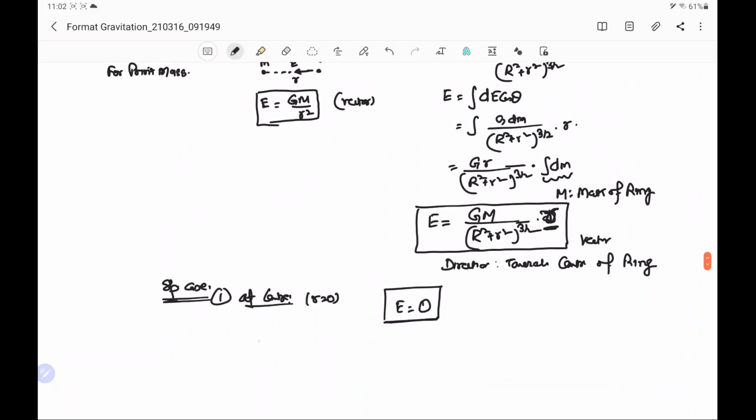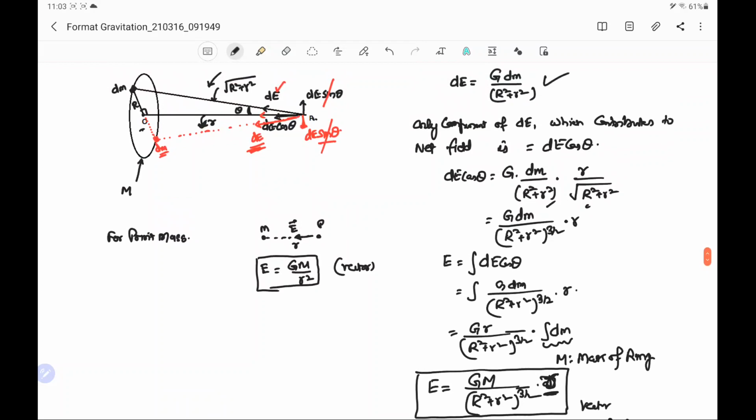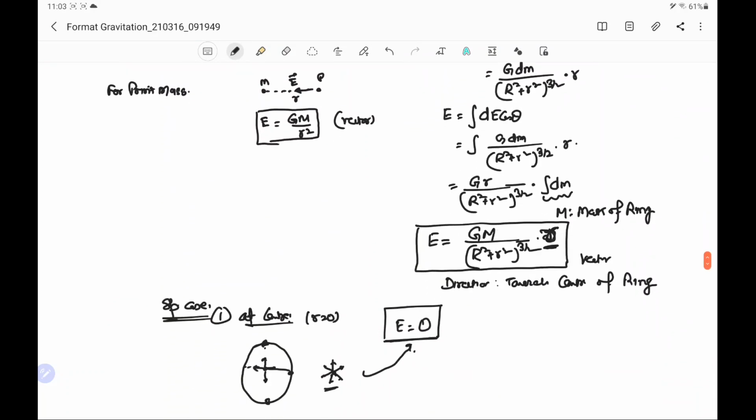And that is obvious from the diagram also. If this is the ring and we take an elementary mass, because of that the field is here. It is another elementary mass, the field is here. If this is an elementary mass, the field is in this way, and similarly. That means the field is distributed in all possible directions, and on taking the vector sum, it will be 0. Therefore, the gravitational field due to the circular ring at the center is 0.